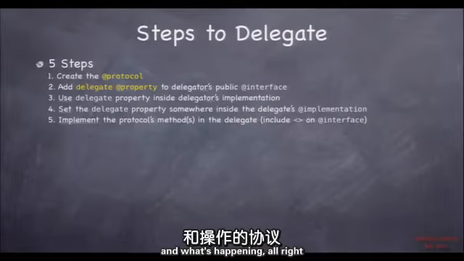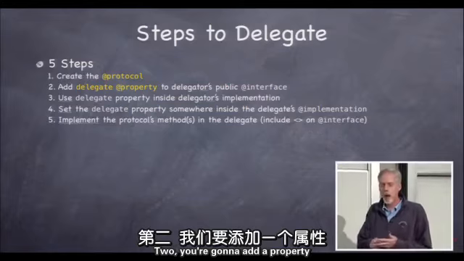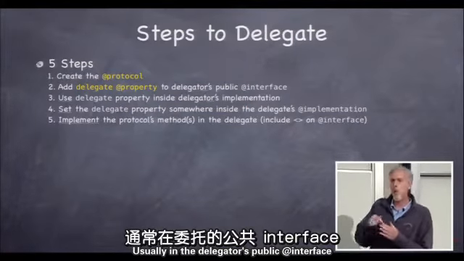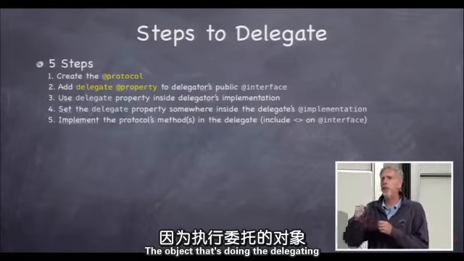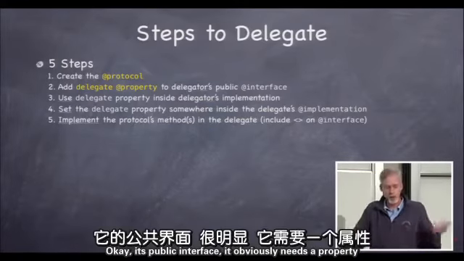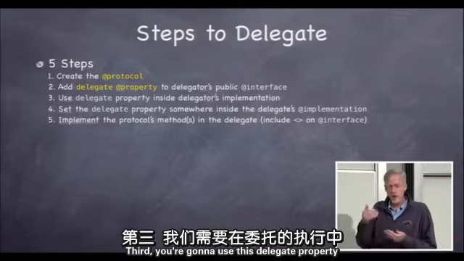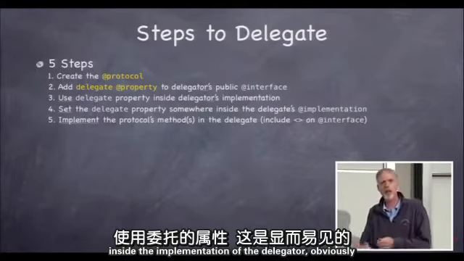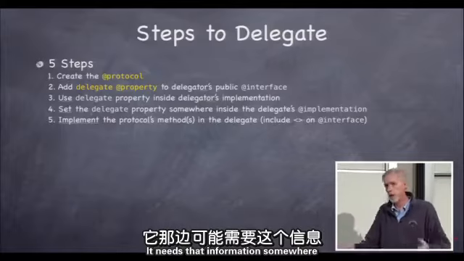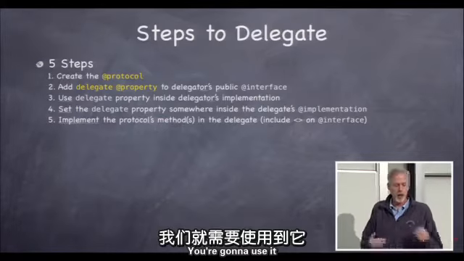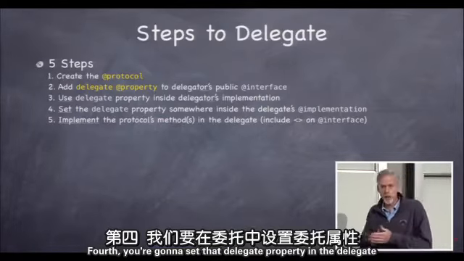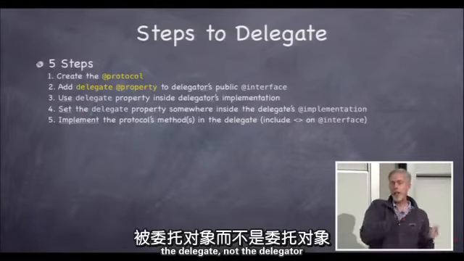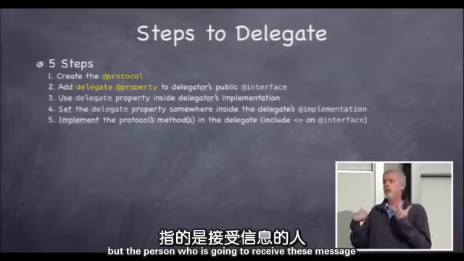Everyone cool with that step? 2, add a property, usually called data source or delegate, in the delegator's public interface. 3, use the delegate property inside the implementation of the delegator. 4, set that delegate property in the delegate, the object that is going to receive these messages.